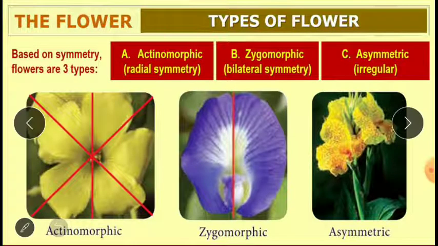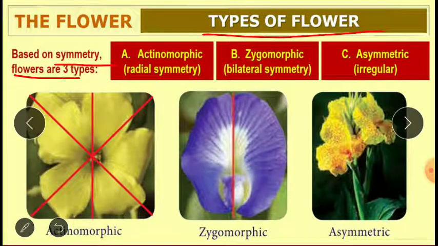Now, coming to the types of flowers based on the symmetry of the flowers. Symmetry means how you can cut a flower into equal parts. Based upon that, there are three types of flowers: actinomorphic, zygomorphic, and asymmetrical flowers. So what are actinomorphic flowers?